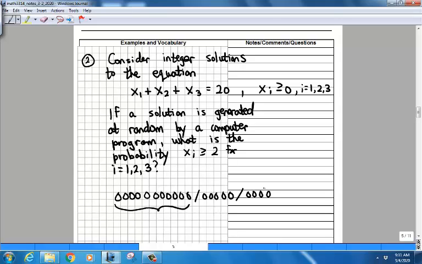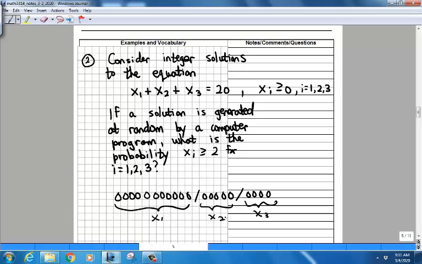And notice it happens to add up to 20. But this first sequence of zeros corresponds to my value for x1. This second set of zeros corresponds to my value for x2, and that third set of zeros corresponds to my value for x3.